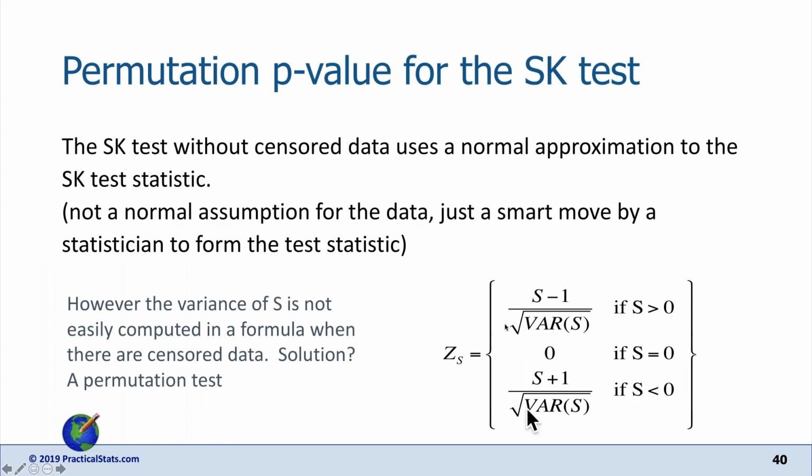There's one interesting thing, to me anyway: with censored data, it's really hard to estimate this denominator, the variance of S, with some numbers that you only have a threshold for. So unlike maximum likelihood, that's difficult to do. What is not difficult is to run it as a permutation test.